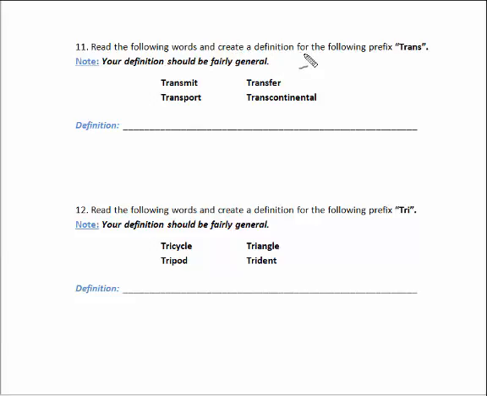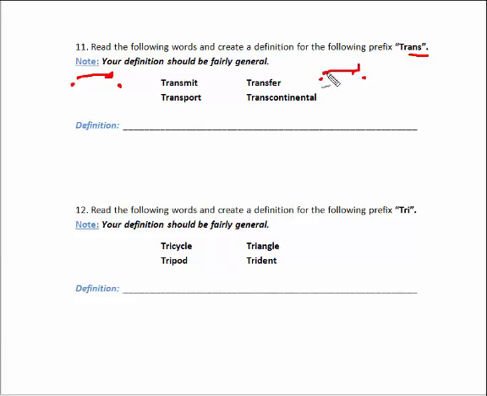Number 11, create a definition for the following prefix, trans. Here are the four words: transmit, transfer, transport, and transcontinental. Transmit. You're going to transmit a signal from here to there. It suggests movement. Transfer. You're going to transfer from one college to the next.